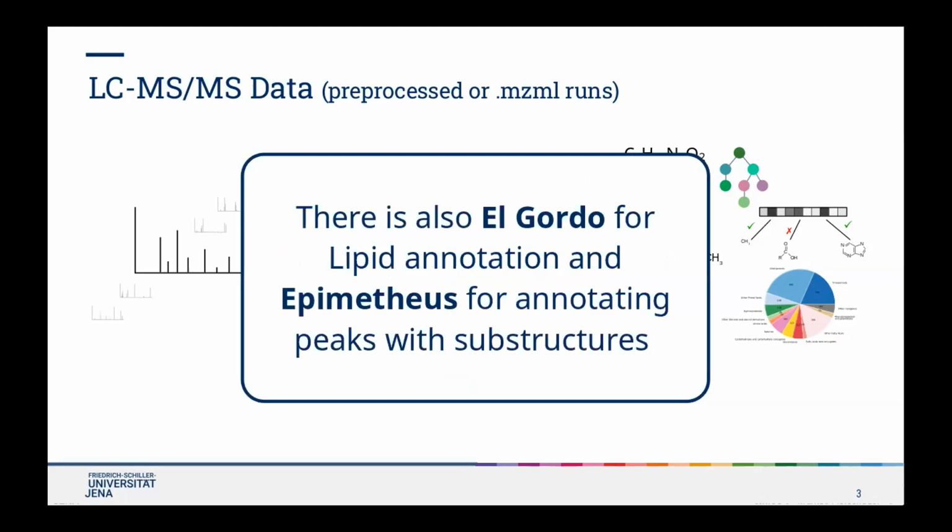There are also other tools in Sirius, for example, Agordo for lipid class annotation, but we will not cover that here. And there's also Epimetheus for annotating the peaks in your spectrum to substructures. But this is only for visualization and validation, so Fleming will cover that in the live demo of this workshop.